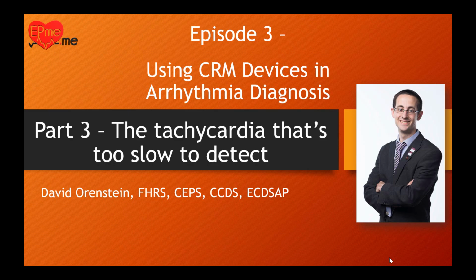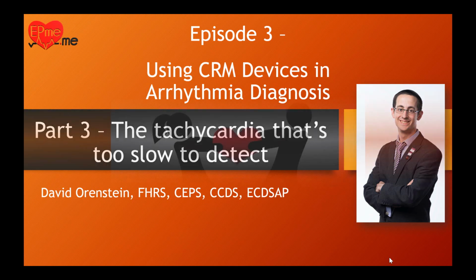And the next device that we're going to talk about is a case called the tachycardia that's too slow to detect. So, what am I talking about? I'm talking about using, with defibrillators, the home monitoring devices that we mentioned a tiny bit in episode 2 with the implantable loop recorders.